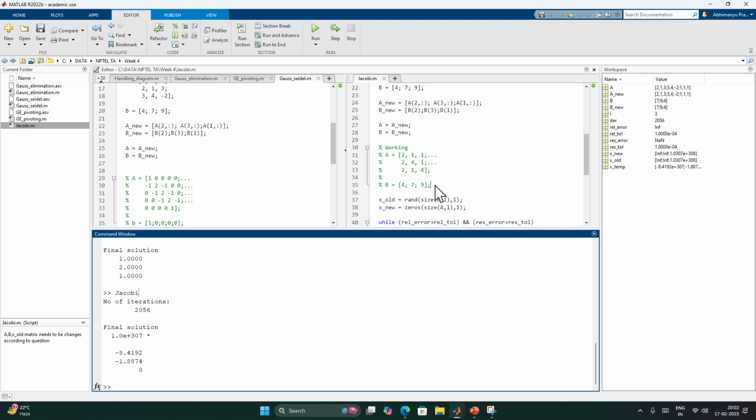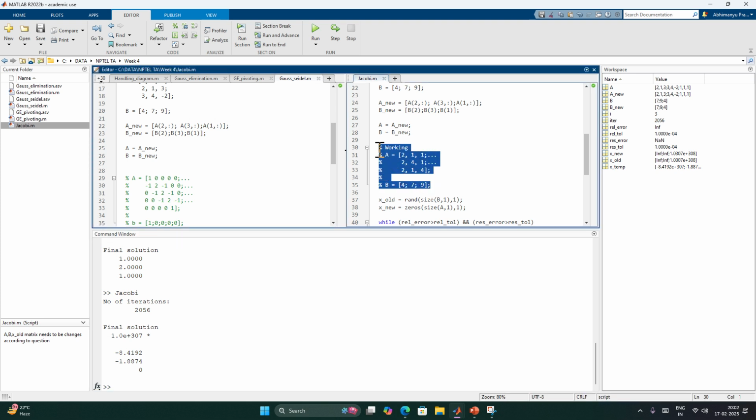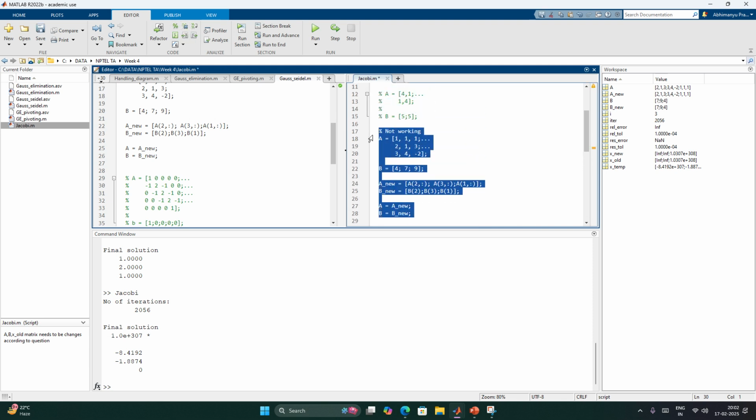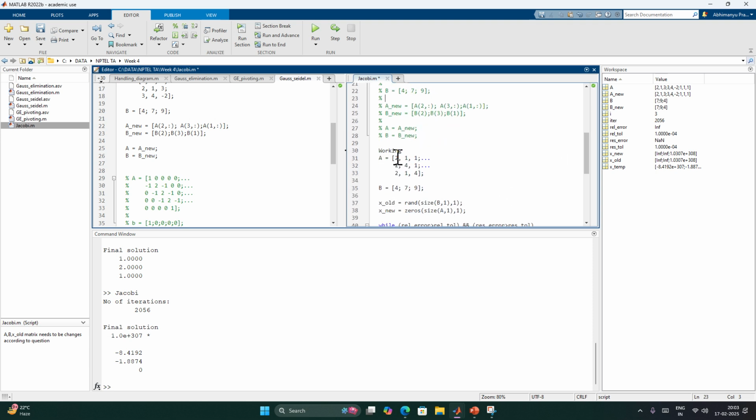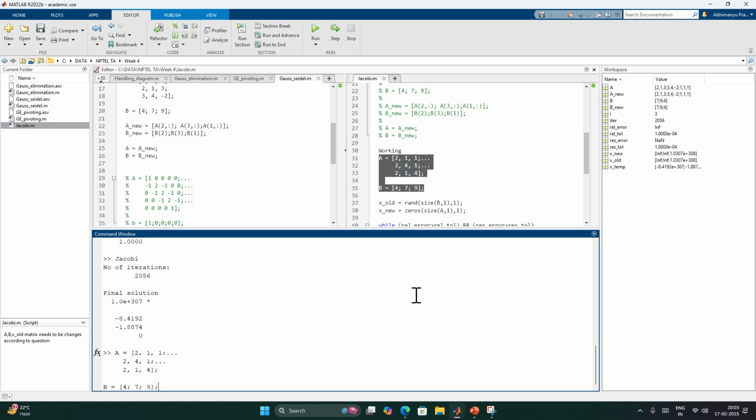But if I change this matrix to some diagonally dominant matrix, so yeah, if you see this, this is a diagonally dominant matrix.